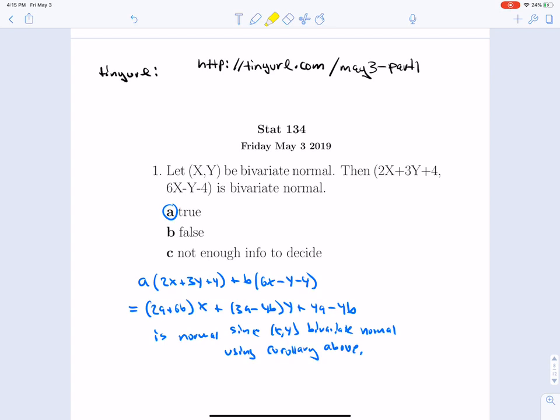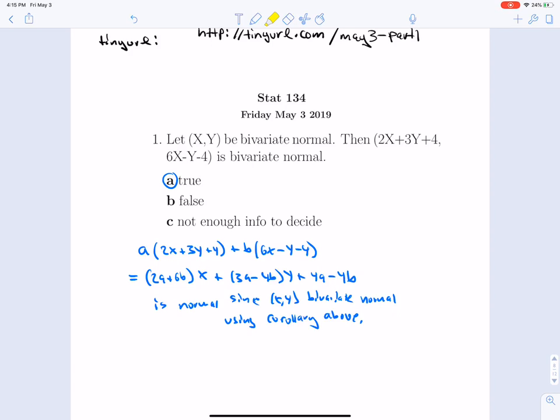Let XY be bivariate normal. Then 2X + 3Y + 4 and 6X - Y - 4 is in fact bivariate normal, because you can check that for any a and b, a times (2X + 3Y + 4) plus b times (6X - Y - 4) is normal.